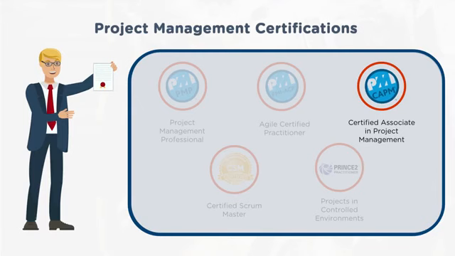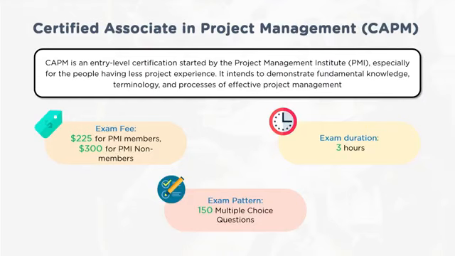Now, Certified Associate in Project Management. This is an entry level certificate of PMI, especially for those people who have less project experience. It intends to demonstrate fundamental knowledge, terminologies and processes of effective project management. The examination fee would be $225 for PMI members, whereas $300 for non-members of PMI.